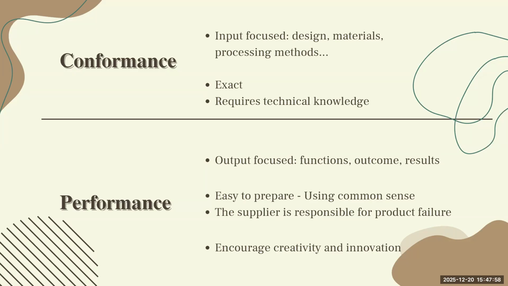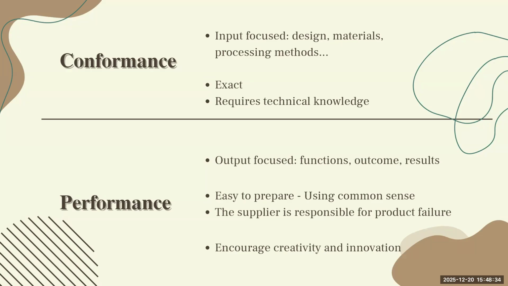Like using the performance spec may allow the supplier to innovate, and using performance spec may require a lot of technical knowledge and also be pretty precise and may help you to fit the item into an existing environment. So the five forces and the type of specification have a very close connection, and you need to understand the implication of using the spec on the shape of the market.